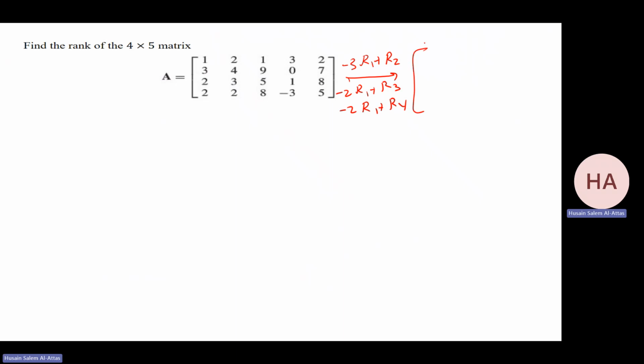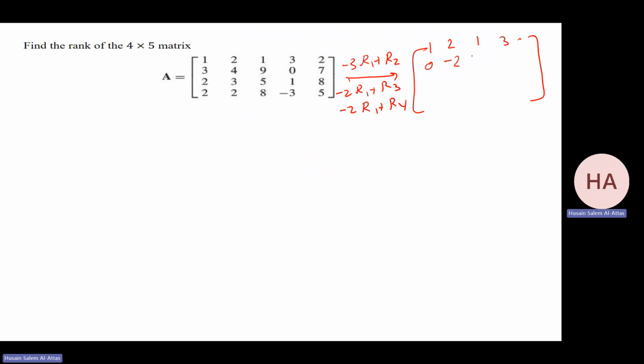Okay, let us see what will happen. 1, 2, 1, 3, 2. Minus 3 and add, that will be 0. Minus 3 times 2, yeah, sorry, that gives me what? Minus 3 and add, so it will be minus 6 plus 4, that gives me minus 2.